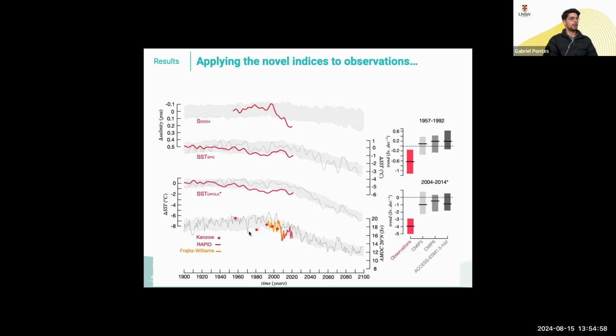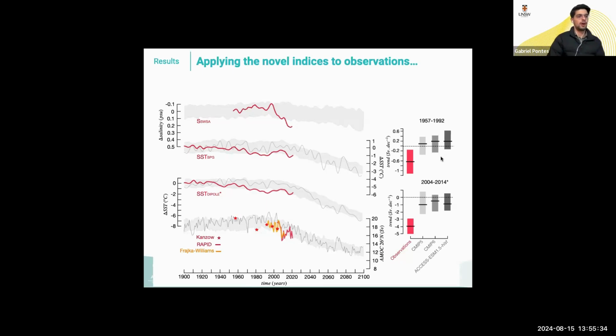And when we compare those trends, the trends in those indices against the trends from CMIP5, CMIP6 models, and this large ensemble of the ACCESS-NRI 1.5, we can then compute those trends for two different periods, which is this one from 1957 until 1992 in the second half of the 20th century, and this one here at the beginning of the 21st century.